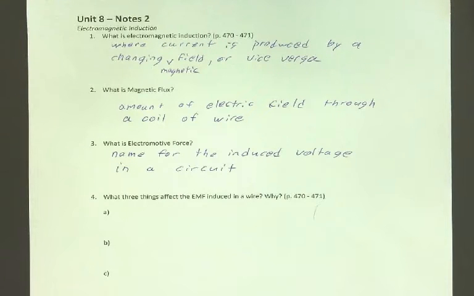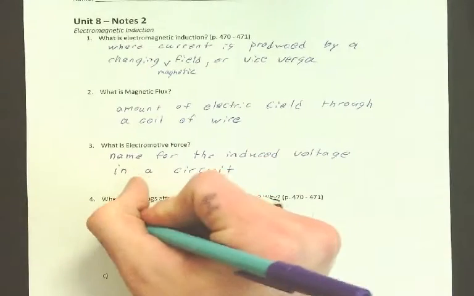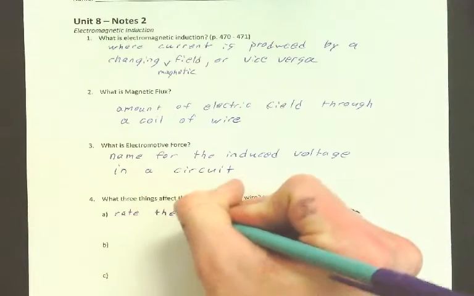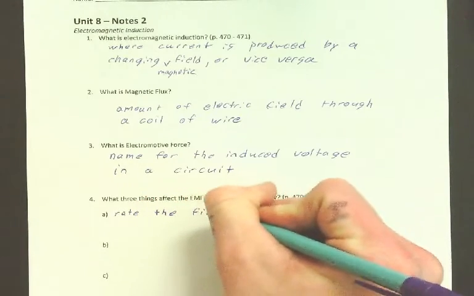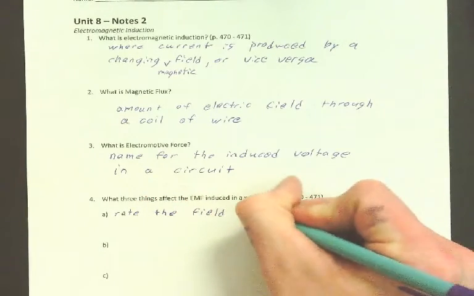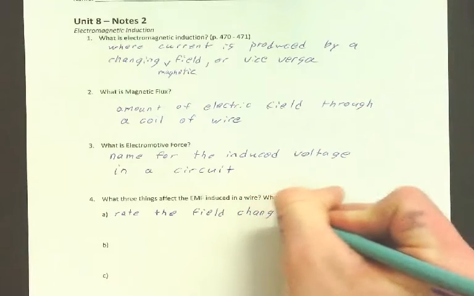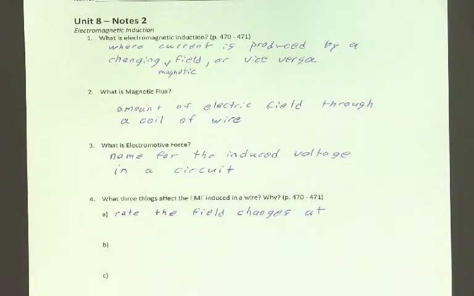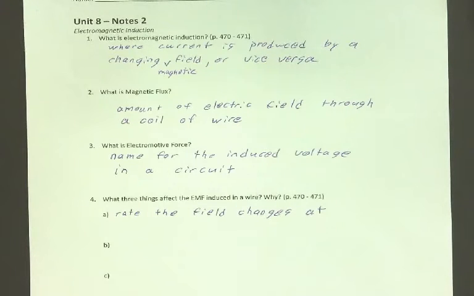Okay, what are the three things that affect EMF induced in a wire and why? There's actually four. Don't worry about it. We'll add a fourth. Okay. The first thing is the rate at which the field changes. I guess technically the rate at which the field changes, but it's not an English class.